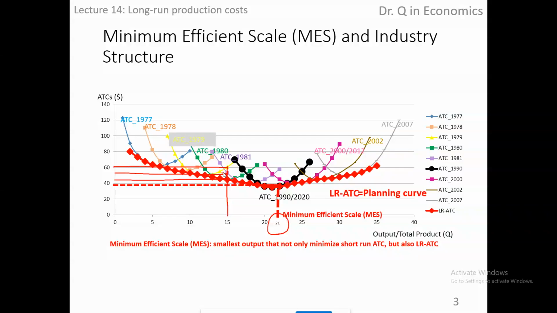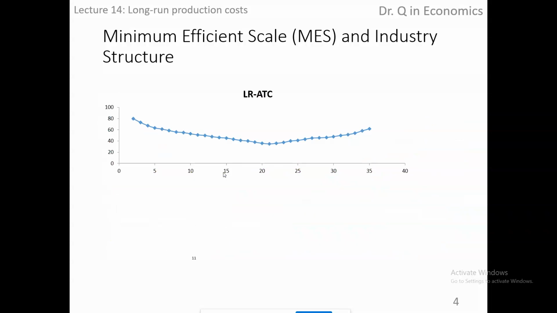It is efficient in the sense that it minimizes the average cost. Scale is size. So efficient scale is the firm size with the minimum per unit cost. But what's the meaning of the first word, minimum?